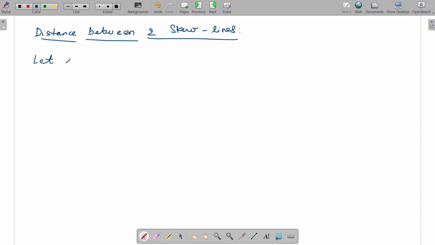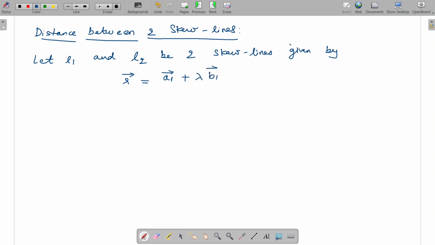Let L1 and L2 be two skew lines given by r bar equal to a1 bar plus lambda b1 bar, and r bar equal to a2 bar plus mu times b2 bar.